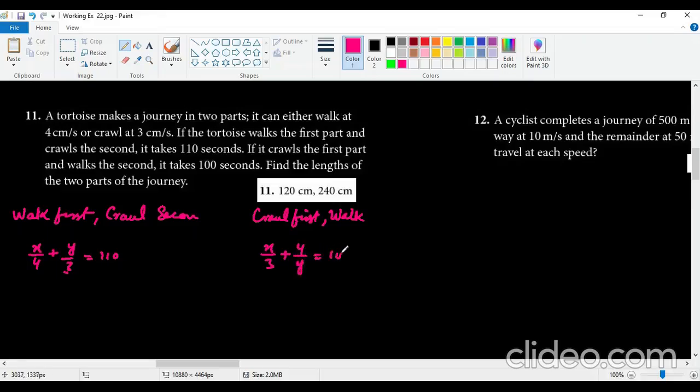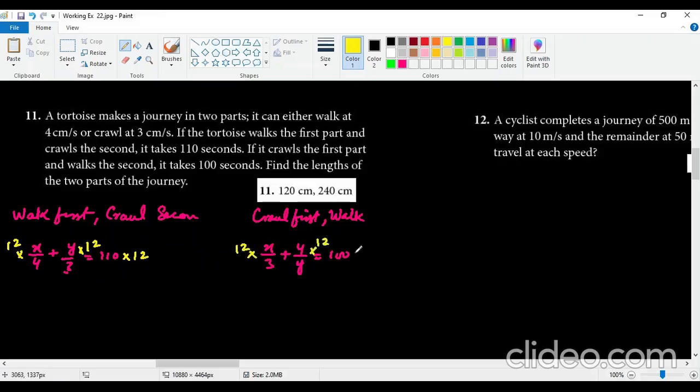To make things easier, what I will do is I'll multiply everything by 12 because 12 is the LCM of 4 and 3. So multiply this by 12, this also by 12, and this also by 12. The second equation will be also multiplied by 12 on each term. So in here, I'll multiply this by 12, this also by 12, and this also by 12.